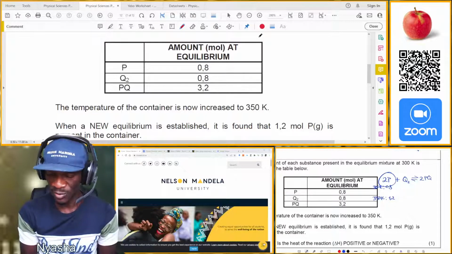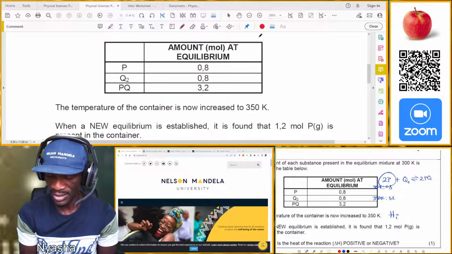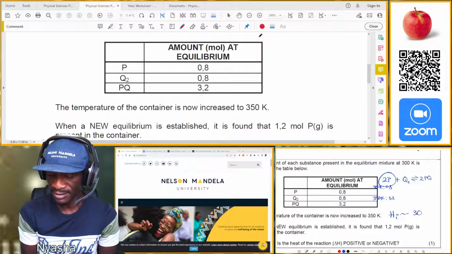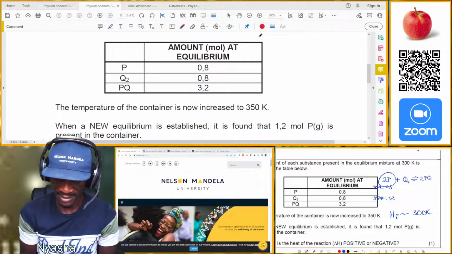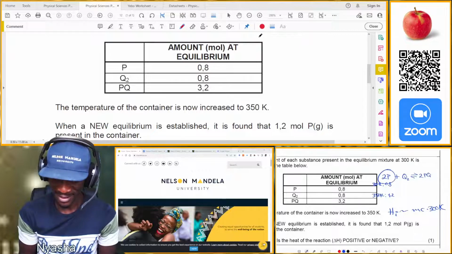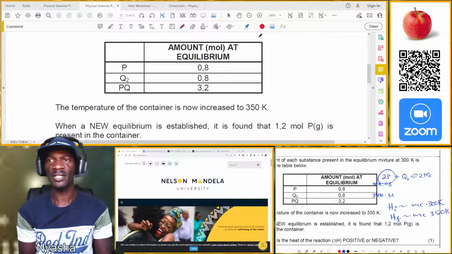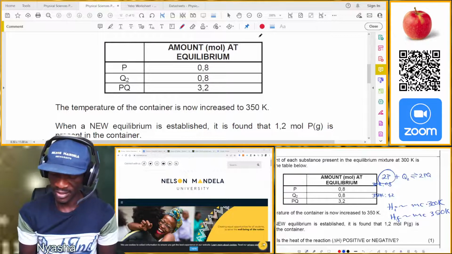So in other words, this is in a sealed container. This must mean that the initial heat, which is MC delta theta, corresponds to MC times 300 K, and then the final heat would correspond to MC times 350 K. So this is just our rough approximation of the heat.